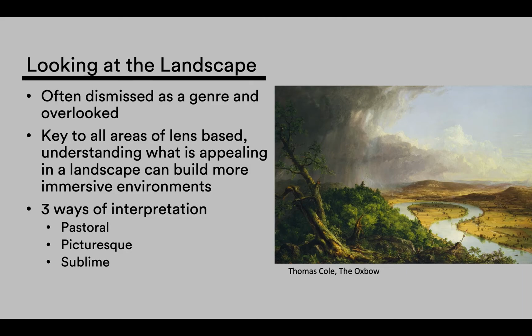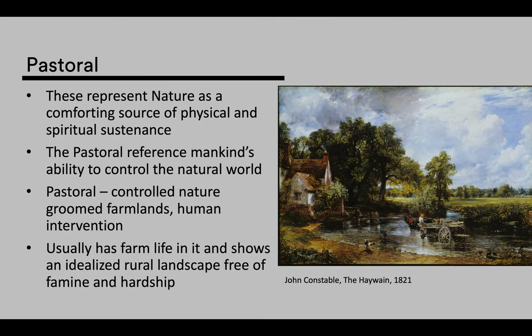When we're looking at landscape, we're looking at the idea of the ideal world. In traditional pastoral landscapes, that means there's a secure environment. It's pleasing to look at because everybody is doing all right. Nature is a comforting source of physical and spiritual sustenance. The farmland, the fields are all full of wheat. The cows and sheep are all fat.